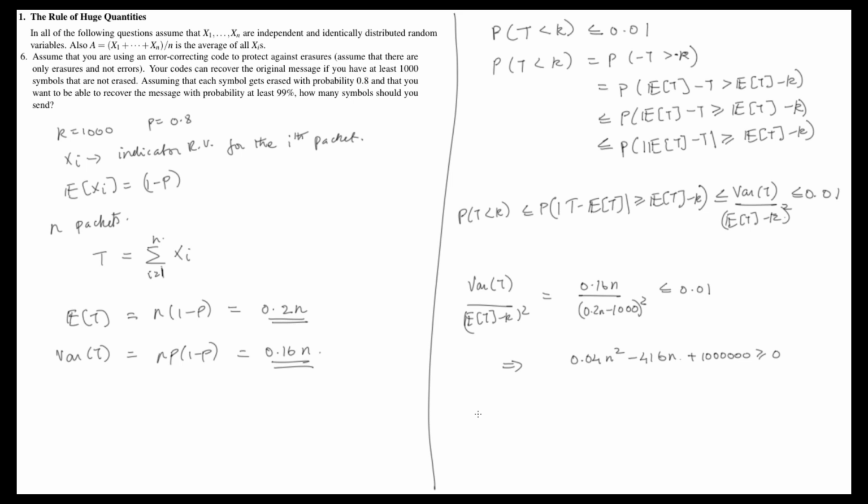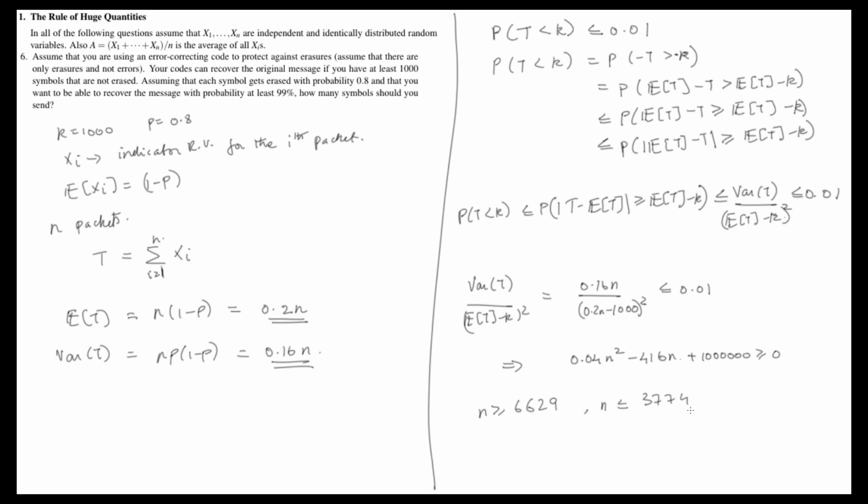Plugging this into something like Wolfram Alpha, it's going to give us n greater than or equal to 6629, or n less than or equal to 3774.